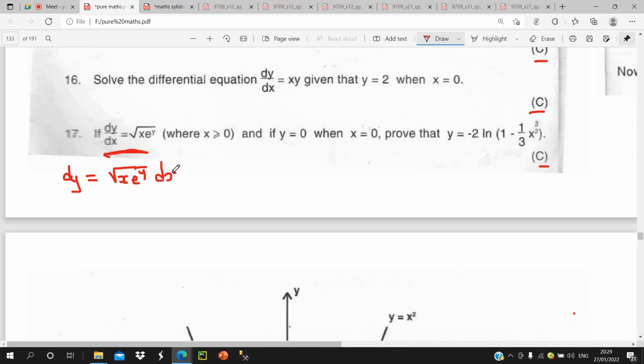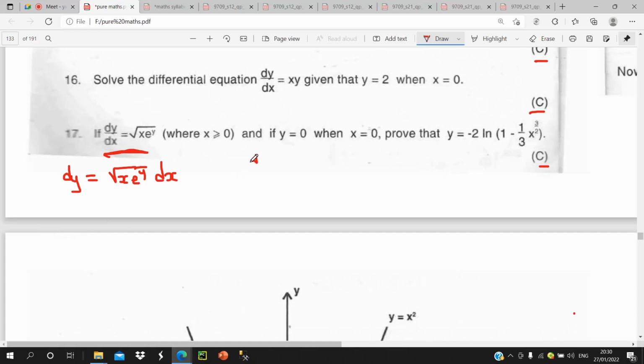Are we done separating? No. Why? There's a y on that side. Yes. So we are going to separate. And how are we going to separate x and e of y? Square root is something like everything is to the power of what? Oh. Yes.